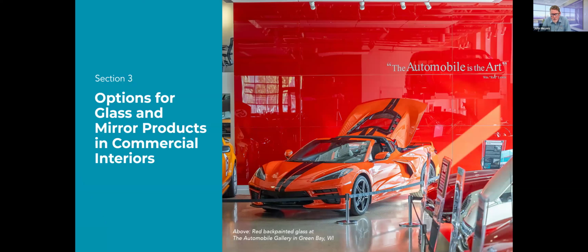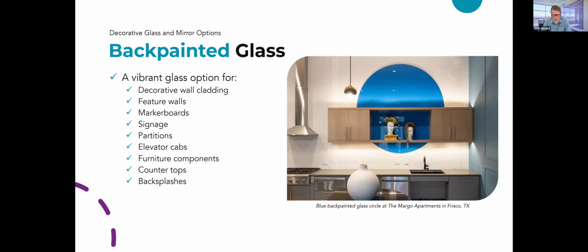Now we're going to move on to options for glass and mirror products in commercial interiors. Back-painted glass is a vibrant decorative glass option for decorative wall cladding, feature walls, marker boards, signage, partitions, elevator cabs, furniture components, countertops, backsplashes, and many other options.